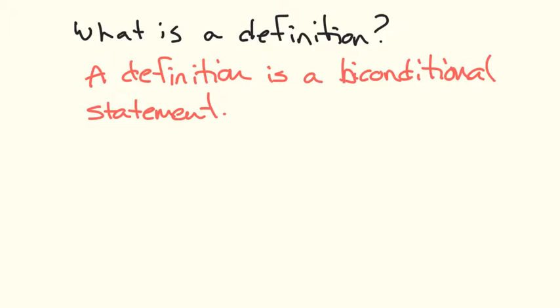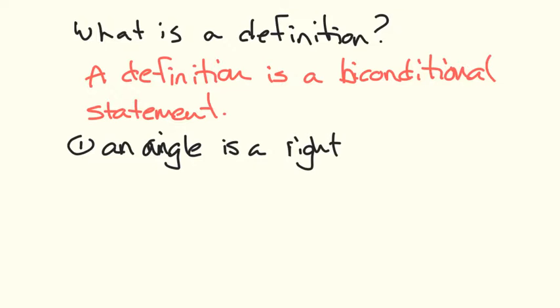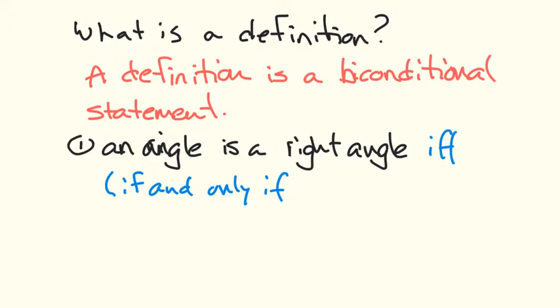So let's look at an example. Number 1: An angle is a right angle, and then we have this little IFF, which means, I'll put in parentheses here, if and only if, it measures 90 degrees.